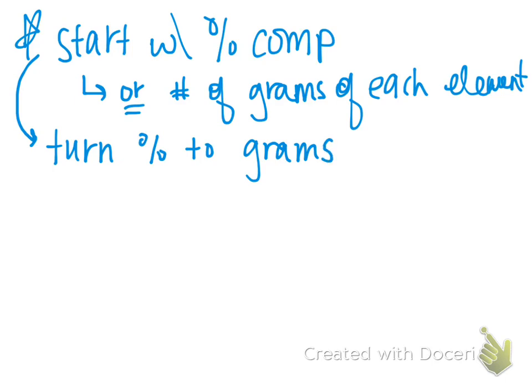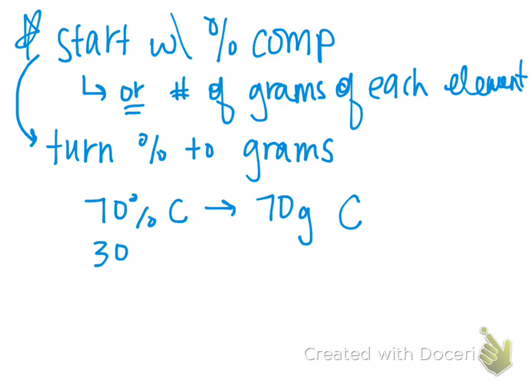And that's really as simple as saying if it's 70% carbon, then you just say, okay, now I'm going to say we're dealing with 70 grams of carbon. That's it, right? We're just going to assume we're using 100 grams of our sample. So if we had 30% hydrogen, which this is not a real compound, I'm just making this up, we would be saying, okay, we're going to use 30 grams of hydrogen. Okay, does that make sense? That's all we're doing in our first step.